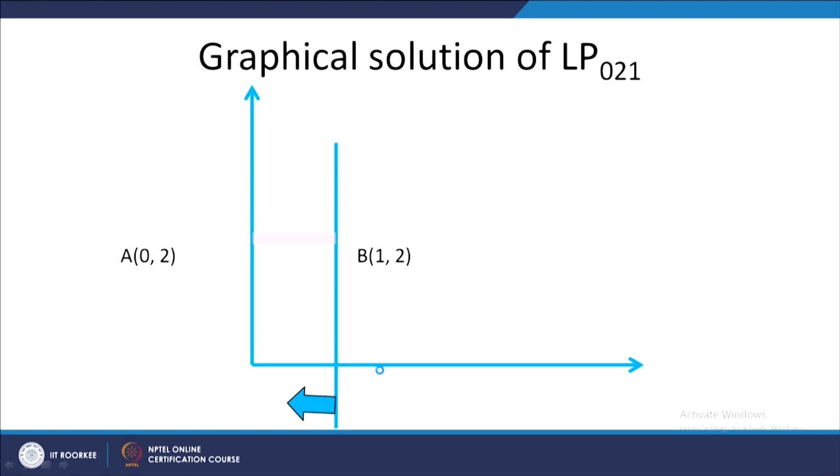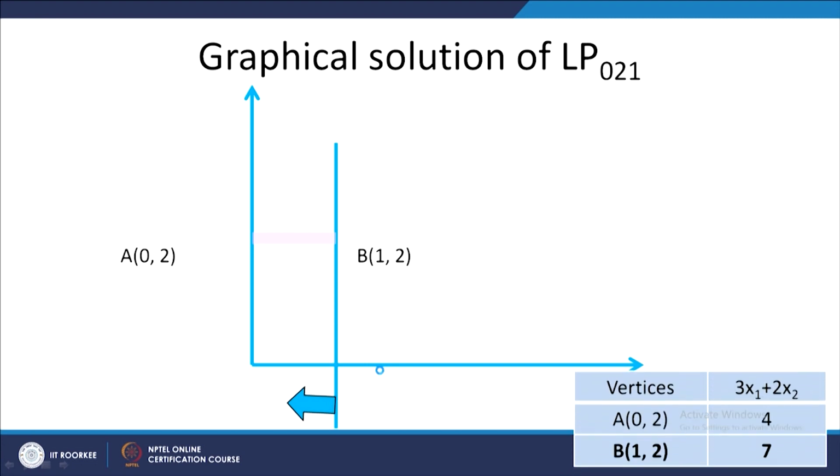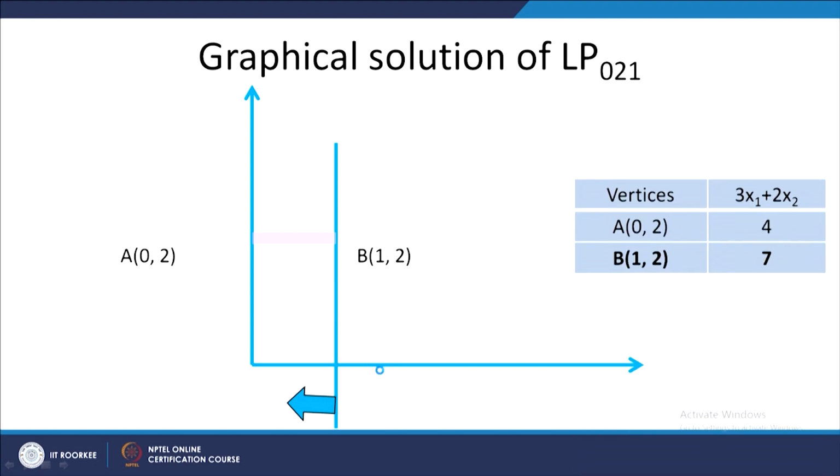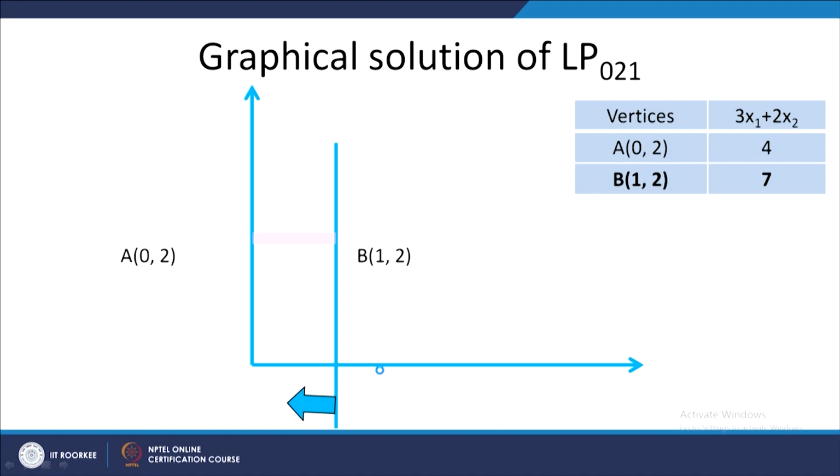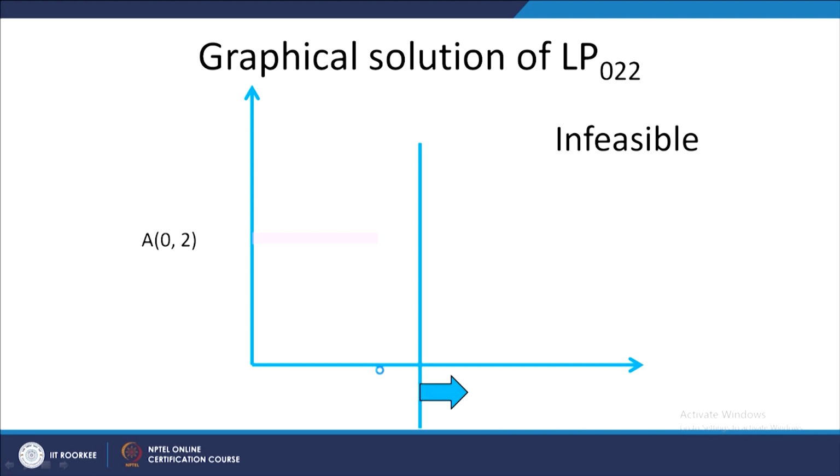Now coming to the solution of LP021, this is what the feasible region looks like, that is, it is the line segment as shown in the diagram, and the solution to this problem is given by B, 1 comma 2, and as you know 1 comma 2 is an integer solution, and this is what we were looking for. Now we will look at LP022, and we find that this is an infeasible problem. The feasible region does not exist.